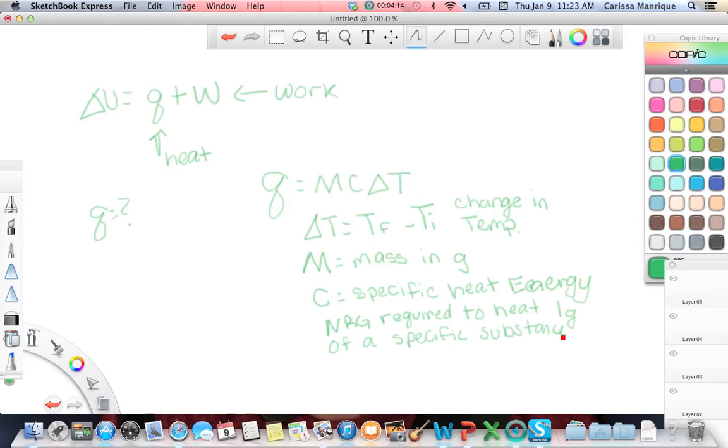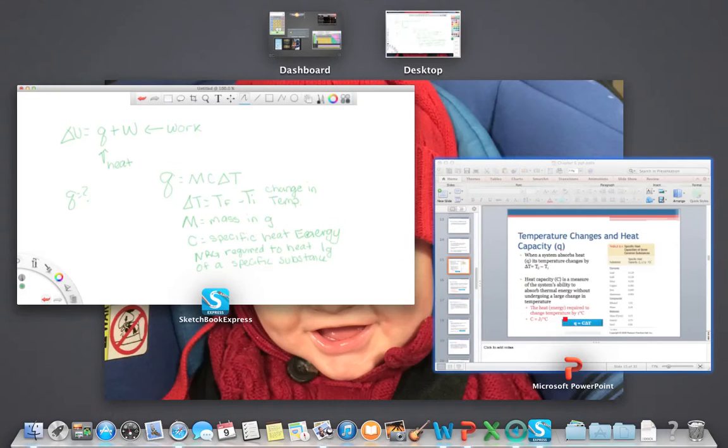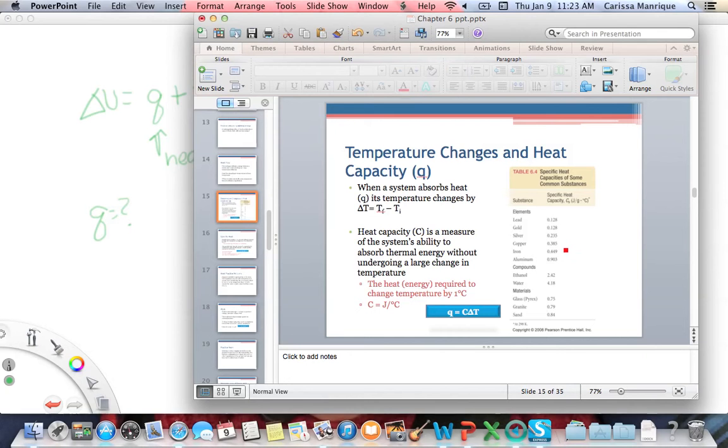So basically, how much energy does it take to heat up something? Let's go to this chart here. The amount of energy it takes to heat up lead versus silver will be different because they're different compounds. Ethanol versus water, again, takes a different amount of energy, so you have a specific energy.